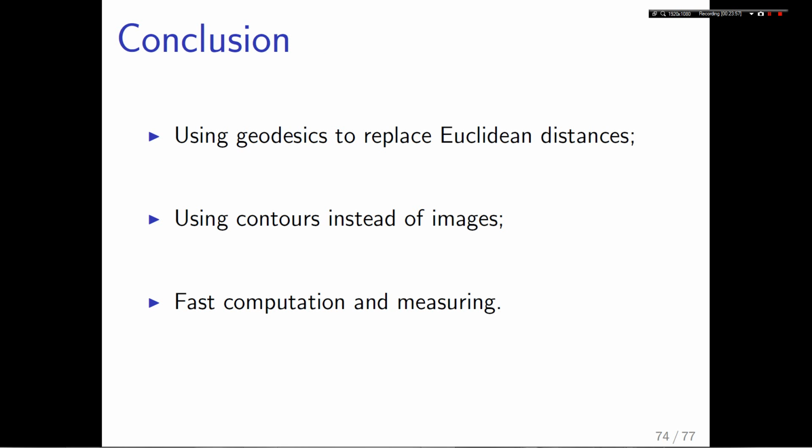So in conclusion, our contribution is, first, replacing the Euclidean distance with geodesics. We create a new isometric invariant intrinsic shape descriptor. And we find that using contours instead of images brings a large amount of stability to our method. We also provide a fast computation and measuring method.